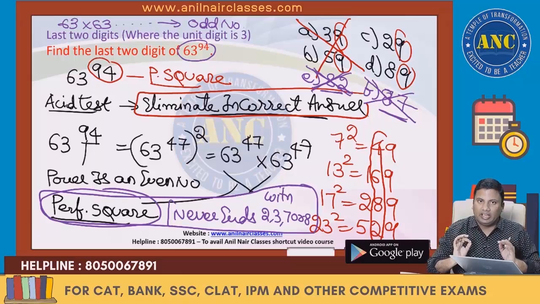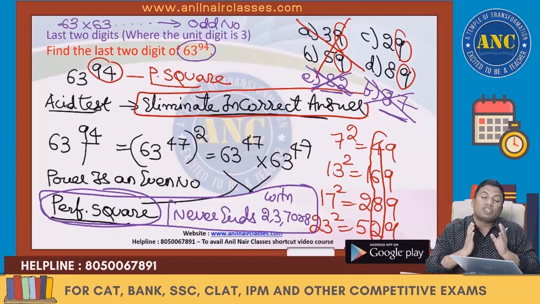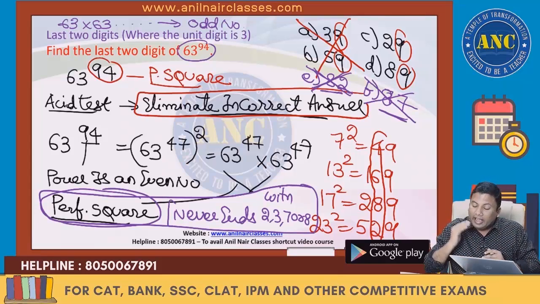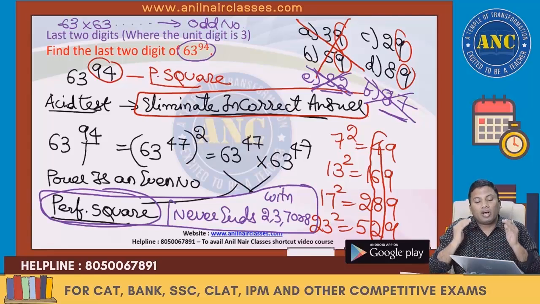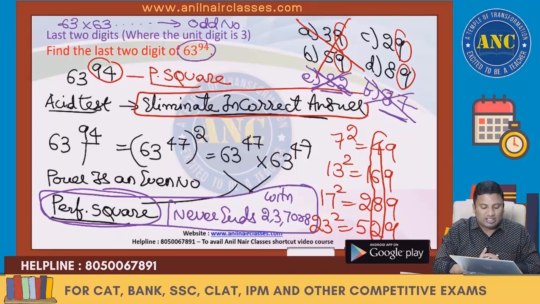63 power 94. One is the traditional method. Another depends upon the answer options. 82 is eliminated because 63 is an odd number, and odd will remain odd. 87 is eliminated because the power is an even number, so the number becomes a perfect square, and a perfect square never ends with 2, 3, 7 or 8.